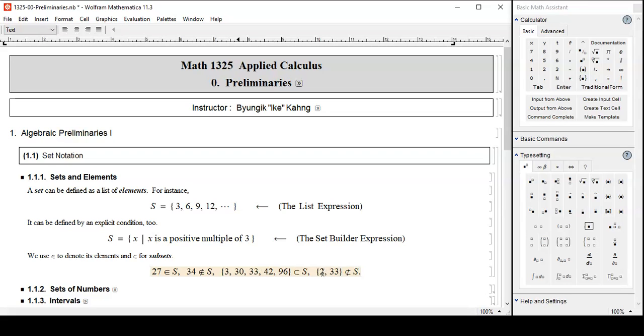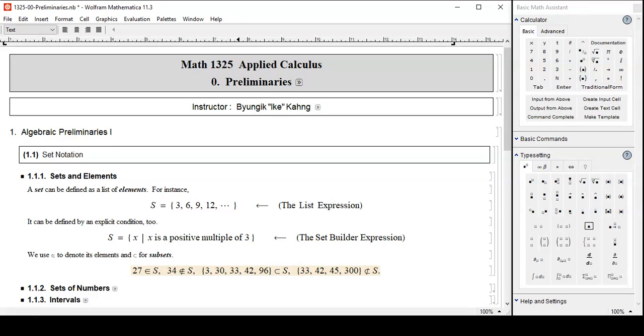Now, here, 33 is okay, but 2 is not. So this is not a subset. And I don't care how many I have over here. If there is only one element that is not a member of this set S, then this thing is not a subset.